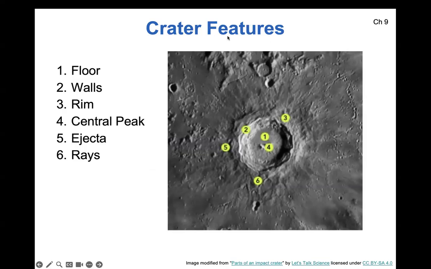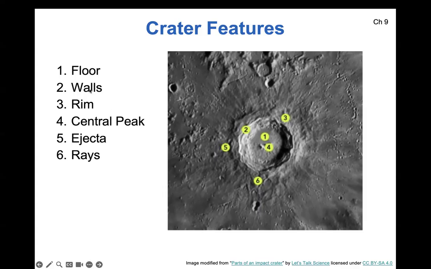The names of the crater features include the floor, which is just the interior of the crater, and the walls, which are the edge as you come up from the floor. When you reach the top of the wall, that's the rim. There's usually a central peak that occurs because of material that settles straight back down, so there's a little bit of a rise there in the middle.